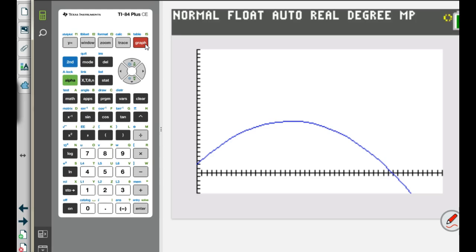Question asked was, okay, actually, when you do this, I could ask you how long until it hits the ground, how high it goes, how far it lands, what else?